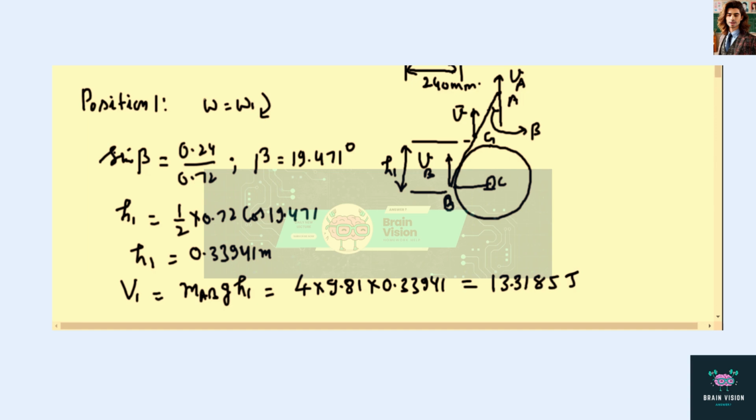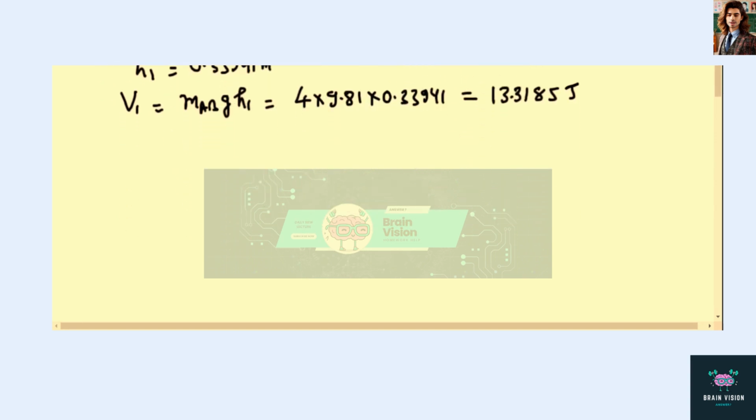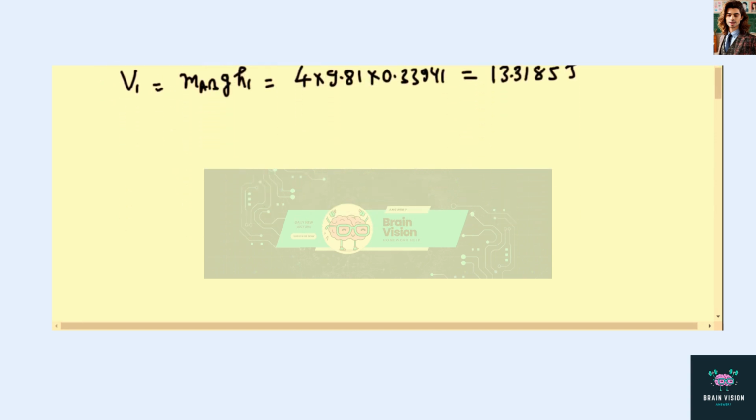Now we will analyze kinematics. Velocity of B point will be R into omega 1, that is 0.24 omega 1.